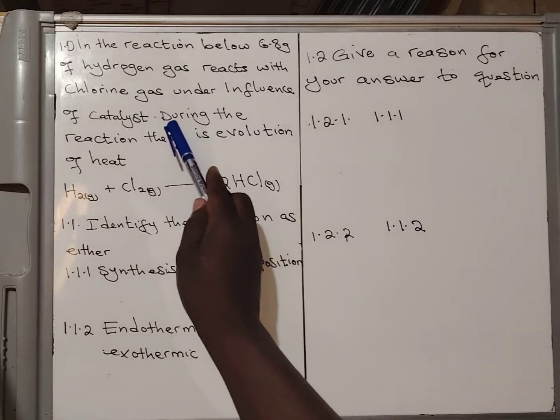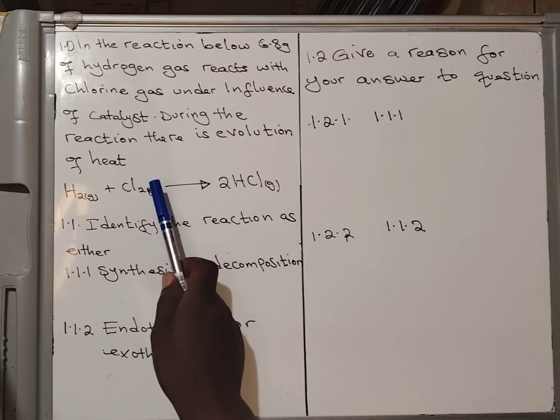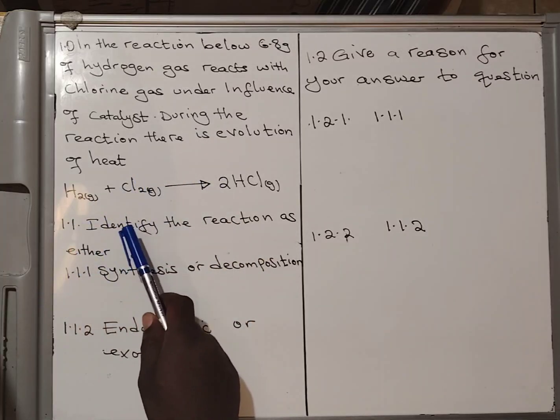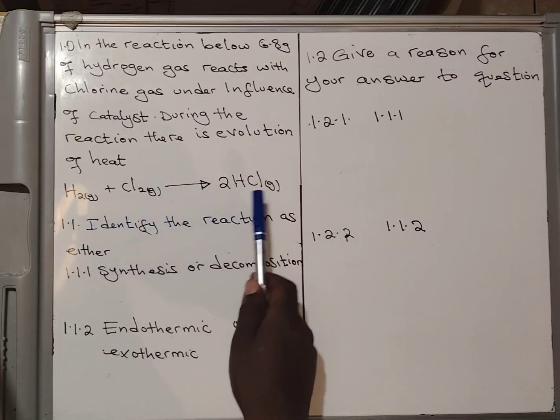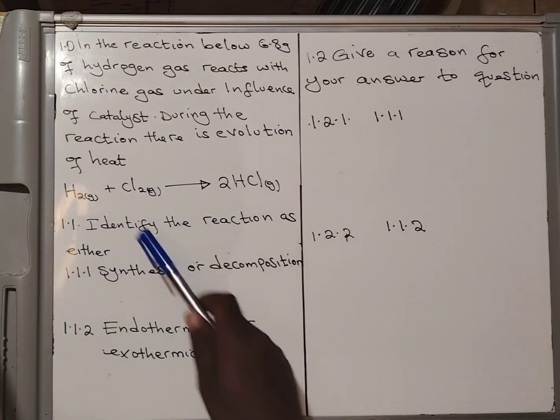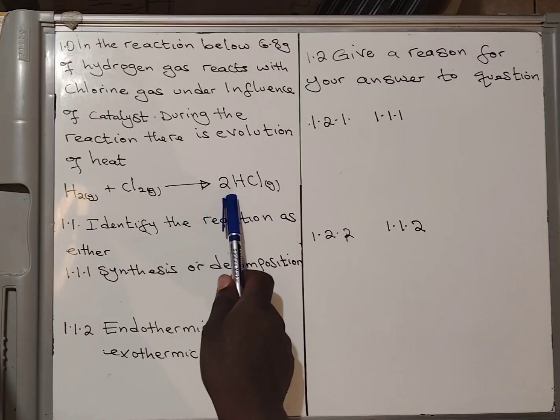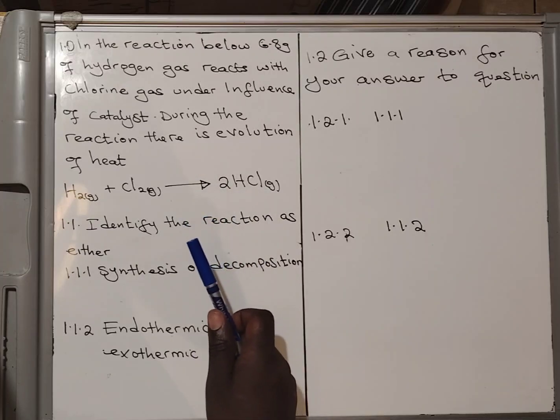And the statement continues to say that during the reaction, there is evolution of heat. Okay, so this is the equation we are given. Hydrogen reacting with chlorine to give you hydrogen chloride gas.